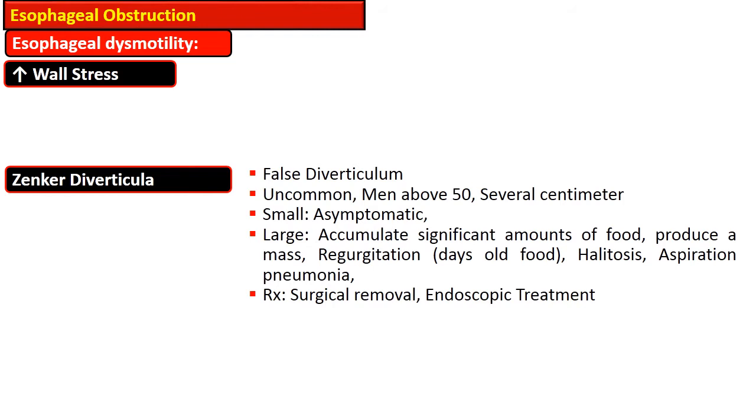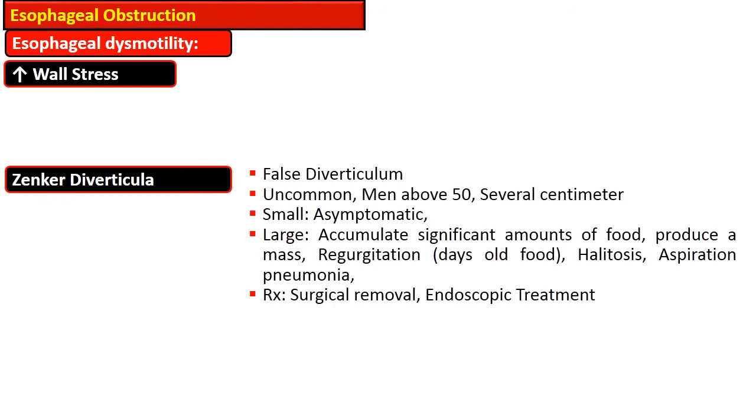Men are usually affected above the age of 50, and this diverticulum is several centimeters in size, but it may be small, and if it is small, it remains asymptomatic.